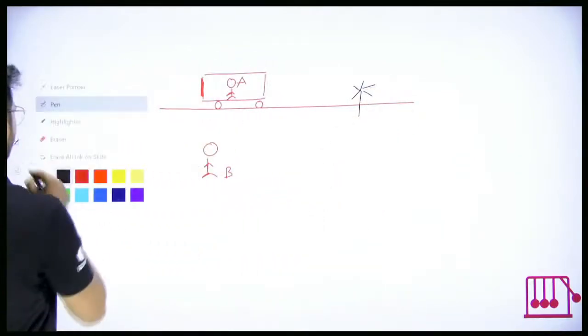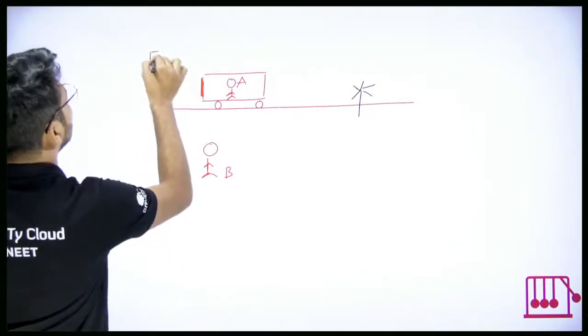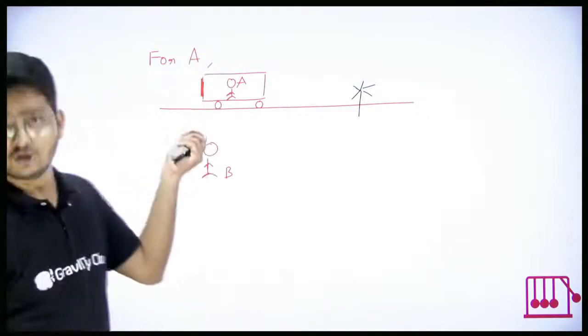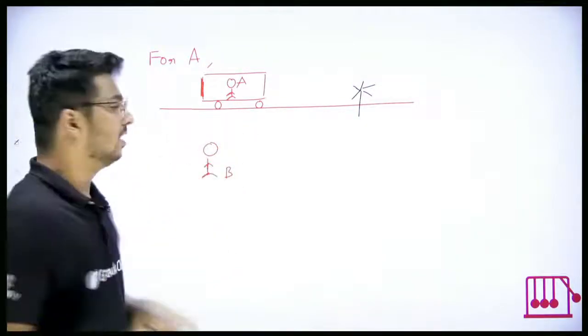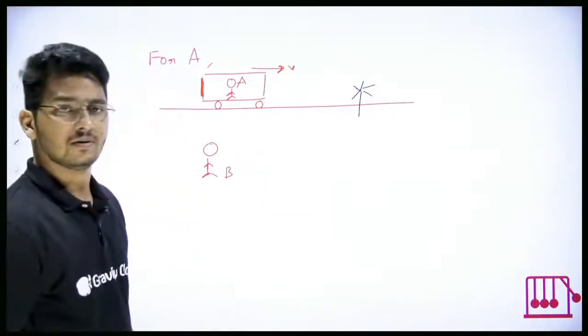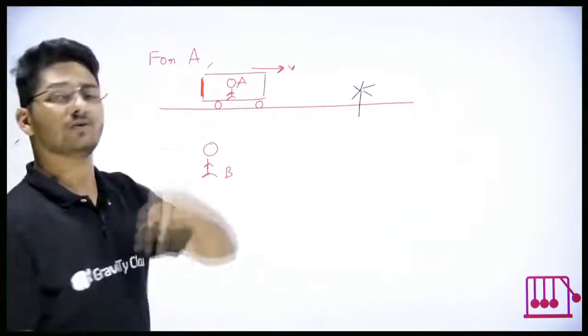According to A, who is in the car, let's say the car is going towards the right. So when the car is going towards the right, the person A will also be going towards the right.